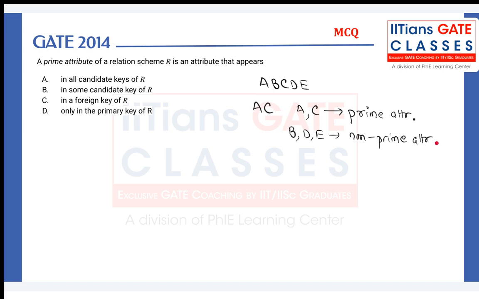I think some is the right answer, because if you have AB also as a candidate key, C is a prime attribute that appears in the candidate key AC, but not in AB. And A is a prime attribute that appears in all the candidate keys. So typically you may have an attribute which appears in some candidate key. This is the concept of prime attributes. We will return to prime attributes when we talk about normalization.